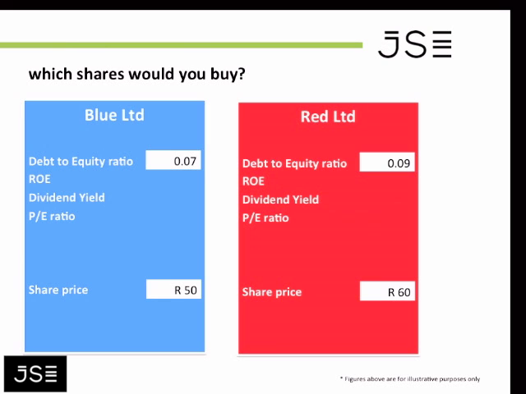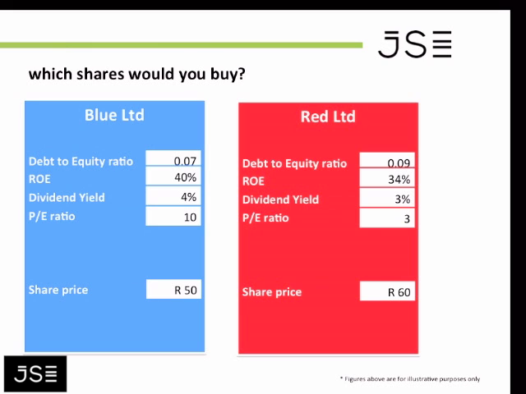So it's looking favorable for both companies. Return on equity: Blue Limited has a 40% ROE and Red Limited a 34% ROE. We said that 15% and more is favorable, so both companies are still looking favorable. In terms of the dividend yield, it's 4% for Blue Limited, while it's 3% for Red Limited. Not much of a difference.